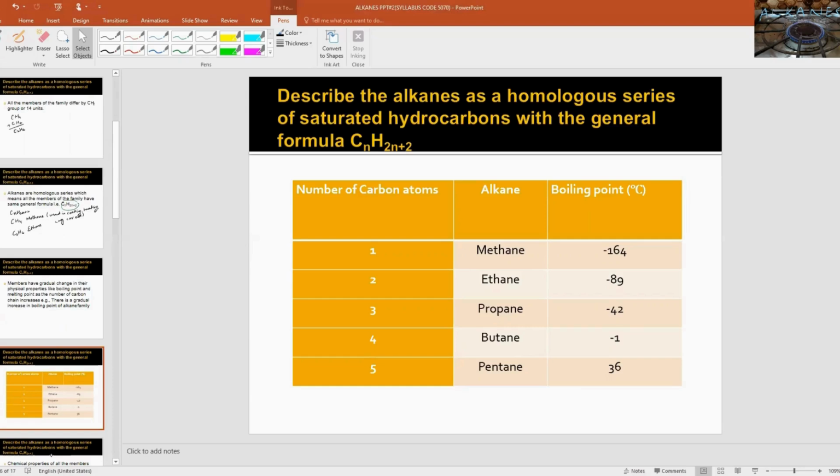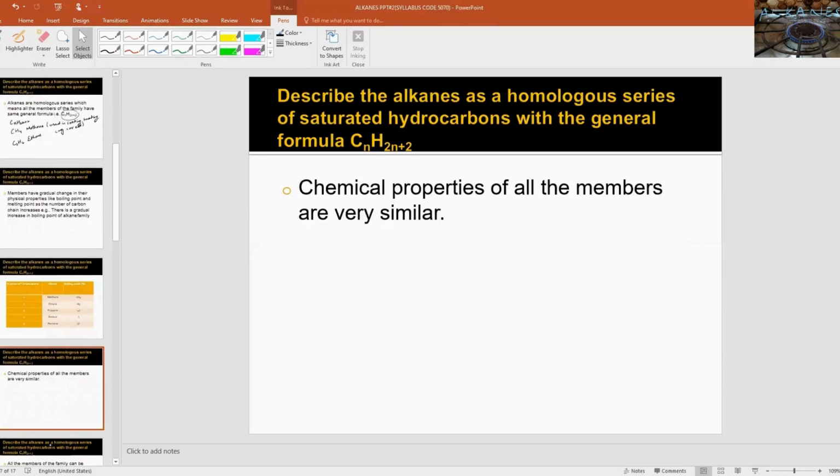As the carbon chain increases, the boiling point is increasing. The boiling point of the first member is minus 164 degrees Celsius. The second member is minus 89 degrees Celsius. And in the same way, it increases. Pentane is the first member which exists in the liquid state at room temperature and pressure.